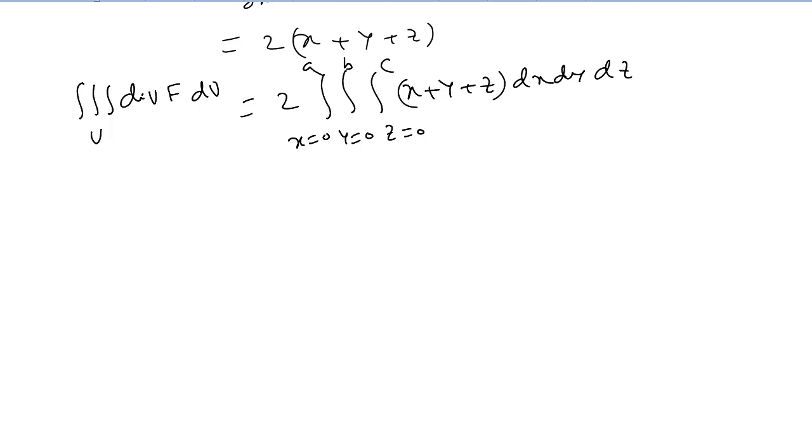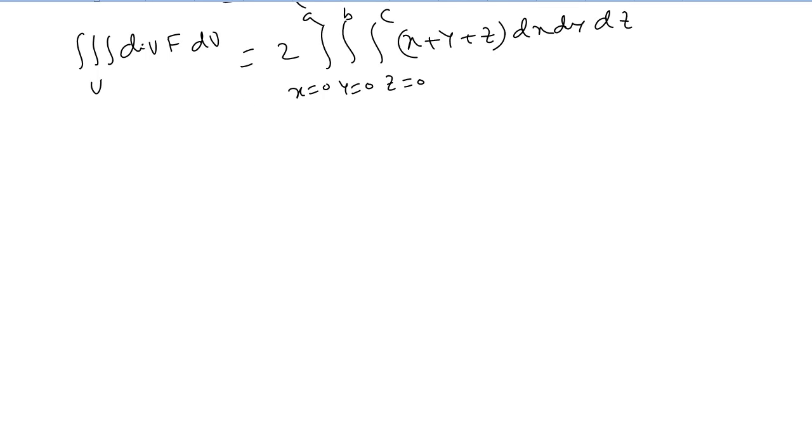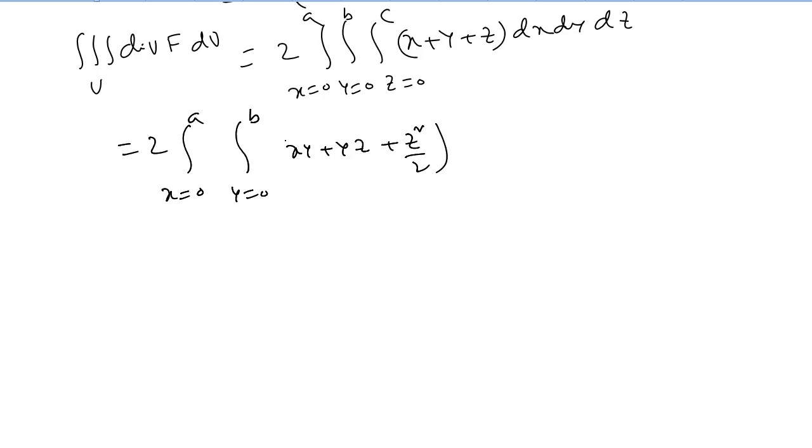Now first integrate with respect to z, then y, then x. 2 into x from 0 to a, y from 0 to b, of xz plus yz plus z square by 2, from 0 to c, dx dy.